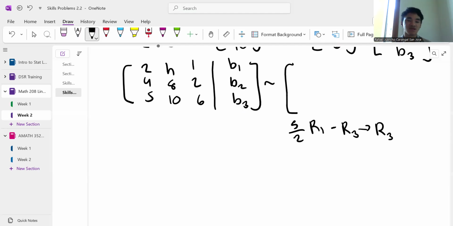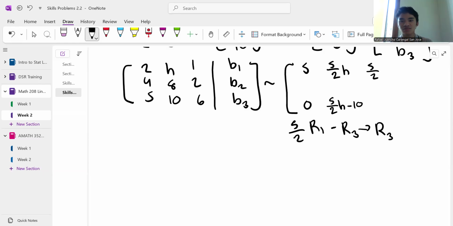So that's what I was thinking. This would be 0. This would be 5 halves h. 5 halves h minus 10. This would be 5 halves minus 6.